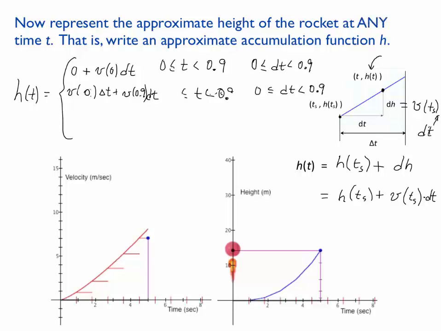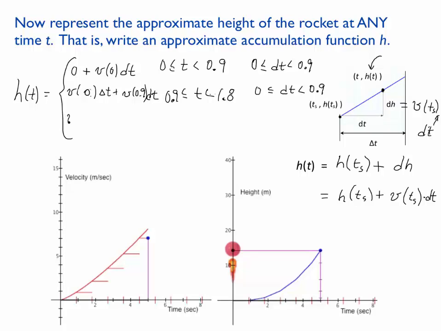Okay, this is an interval from 0.9 to 1.8. This is our total accumulated height in the first completed interval, plus, now this is the current interval, V of 0.9 times whatever dt is, as dt varies from 0 to 0.9. Okay, we'll do one more.